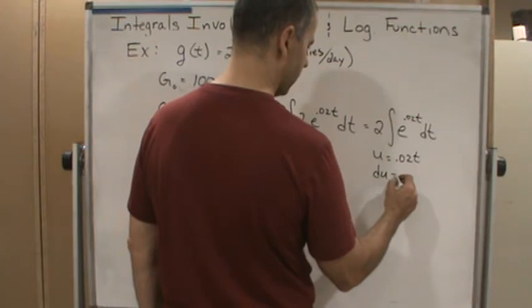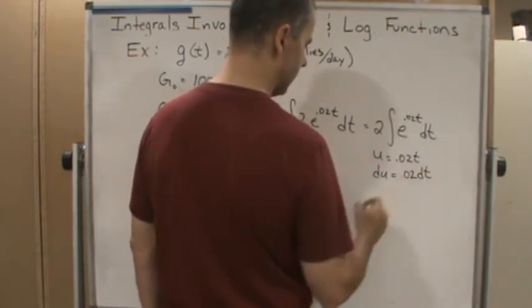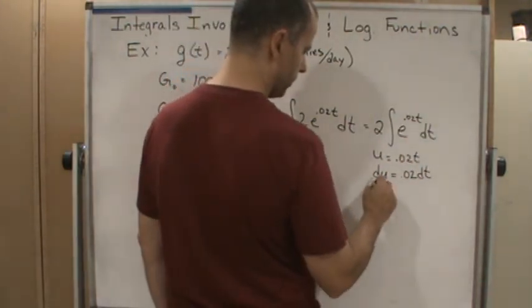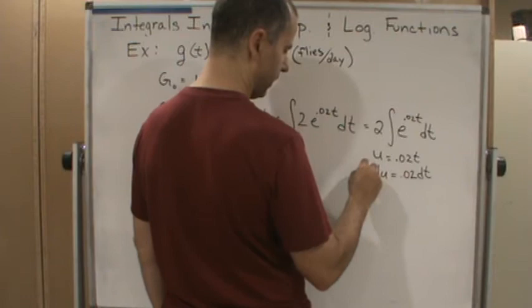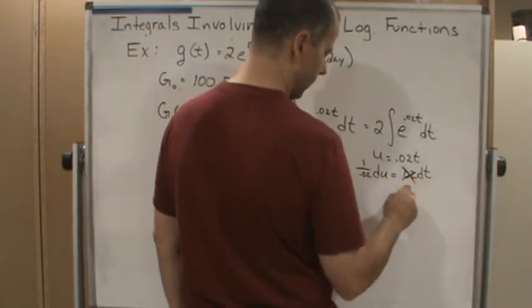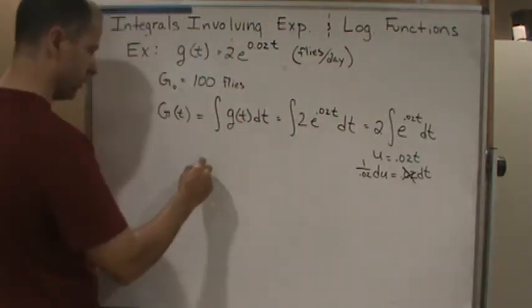This is where I can do my u substitution, so let u equal 0.02 t, du then becomes 0.02 dt. I don't have a 0.02 there, so let's divide everything by 0.02. So now let's do the substitution.